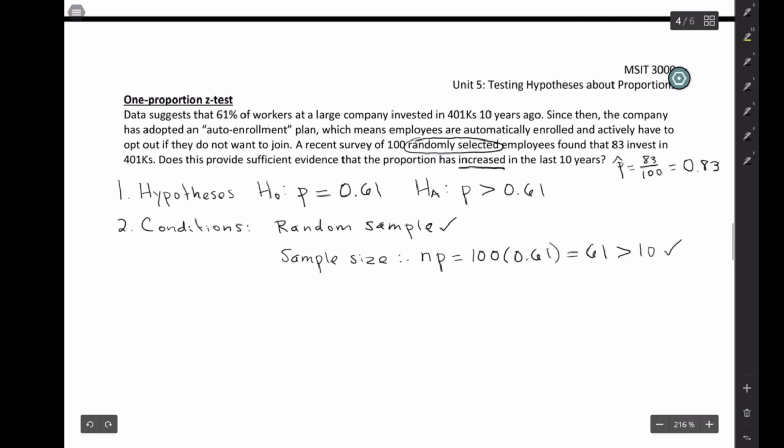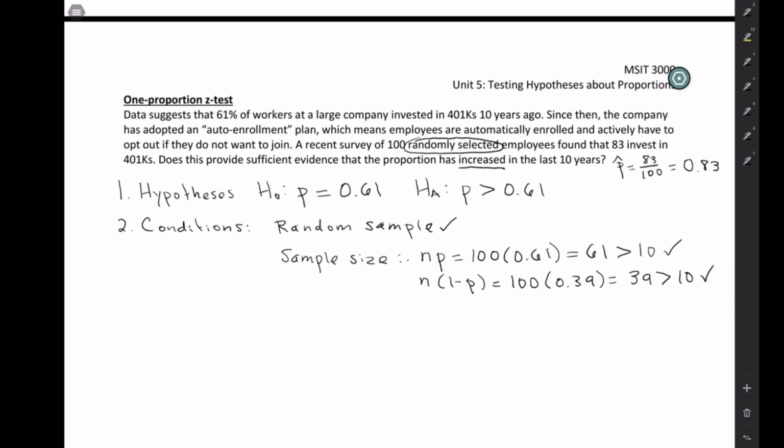So we're good there. We also want to check n times 1 minus p. So here that would be 100 times 0.39, which is 39, also bigger than 10, so our sample size is big enough to continue.